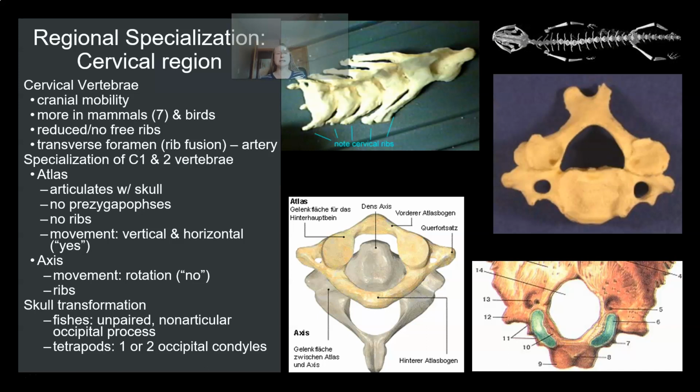In fishes, we see unpaired non-articular occipital processes, and in tetrapods, we have either 1 or 2 occipital condyles. So again, mammals have 2, birds have 1, so go back to your notes from last week and make sure that you understand what taxa have 1 or 2 occipital condyles.